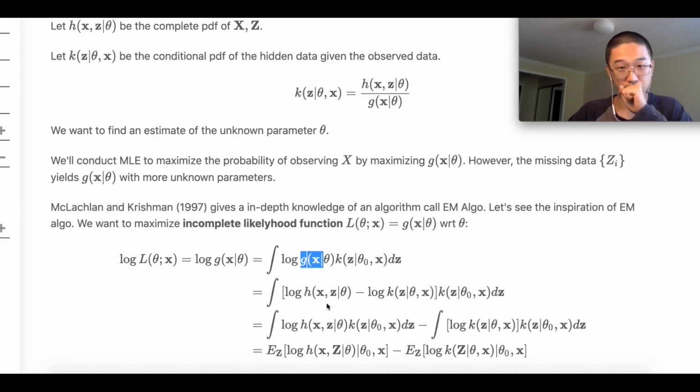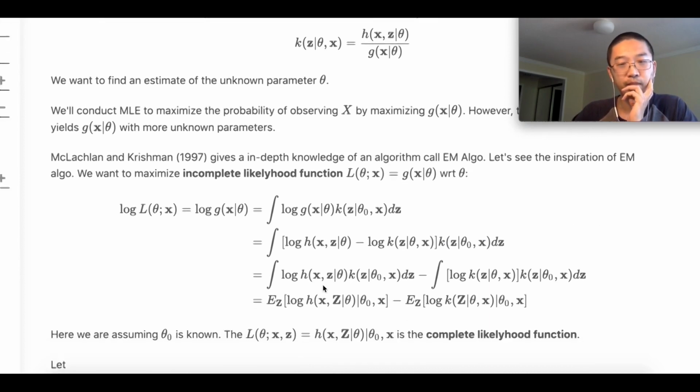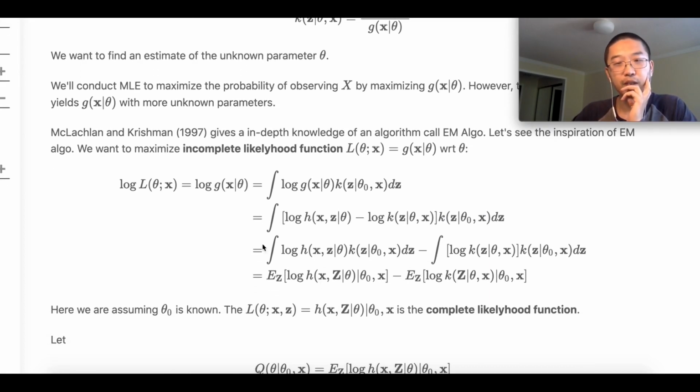So function g can be written as h divided by k. When we take the log, that will become the log of h minus the log of k, times the k function, integrated with respect to z. We separate them, and that will become two components.